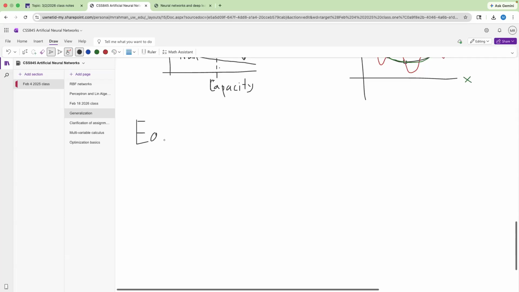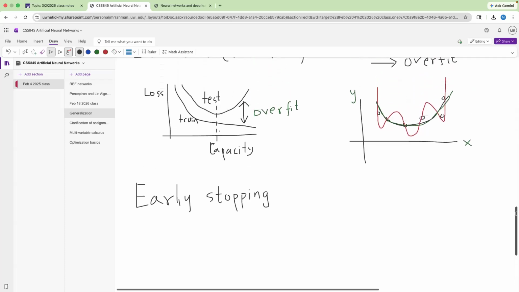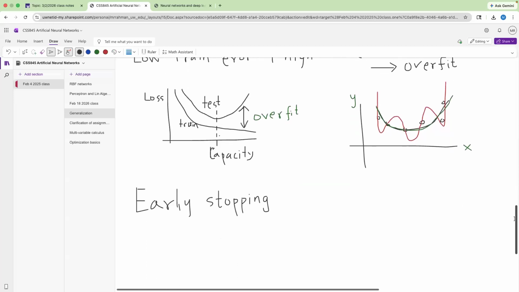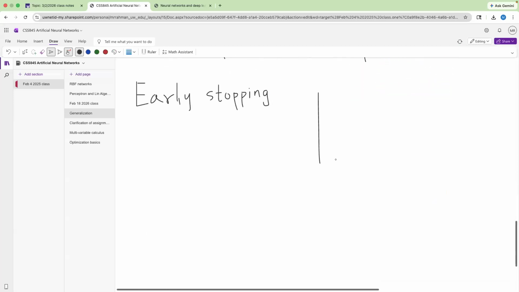One thing that we talked about last time is that we can do something called early stopping. And the observation is that as we are training a network, we might get the loss to really close to zero, but if we don't drive the loss towards really low values, we have a chance that we will not pass this threshold regime where the test error starts to grow, right?